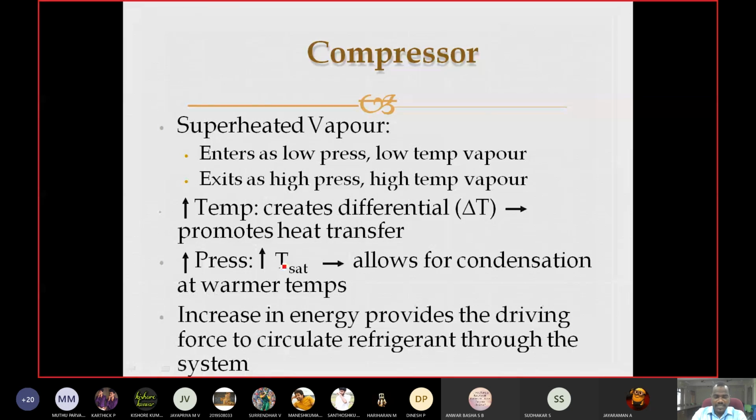Then the increase in energy provides the driving force to circulate the refrigerant through the system. We just have to circulate the refrigerant through the cycle, right? So this increased pressure or increased energy will provide that circulation in the system. So we need pressure.